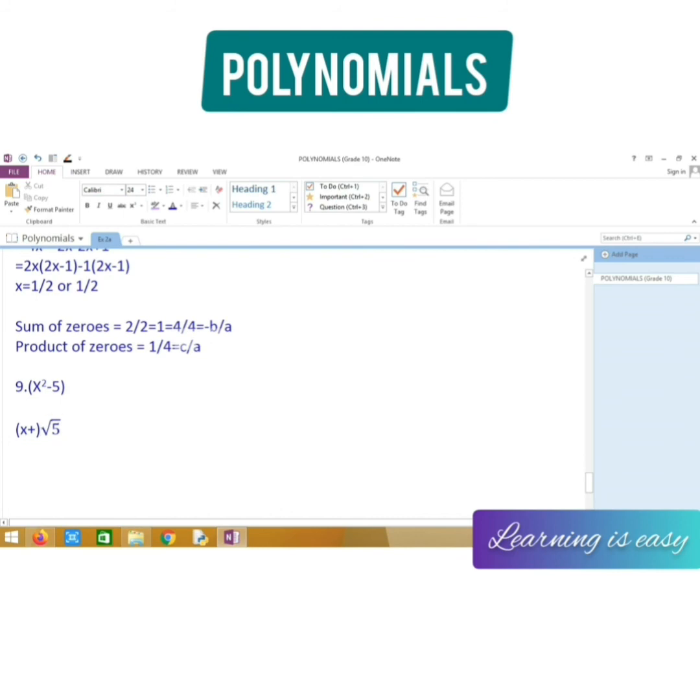So value of x is going to be square root of 5 and minus square root of 5. So with the values of x as minus square root of 5 and square root of 5, we need to verify sum of zeros and product of zeros.